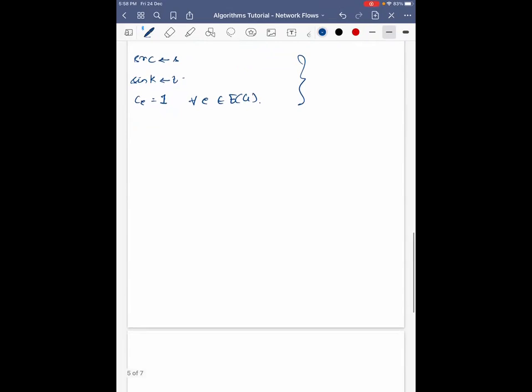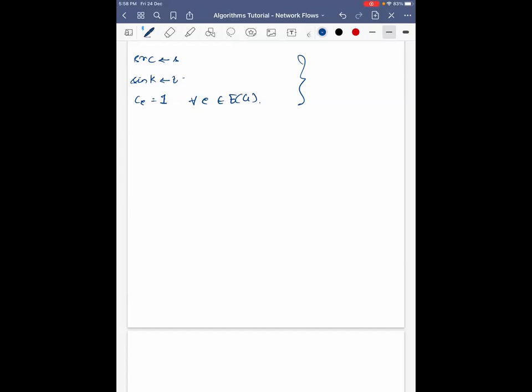suppose I tell you that there are k edge disjoint paths from S to T in this network. Then can you say that the maximum flow in this network is at least k? You simply assign a flow value equal to 1 for every edge on each of these k edge disjoint paths, and you immediately exhibit a feasible flow of value k.